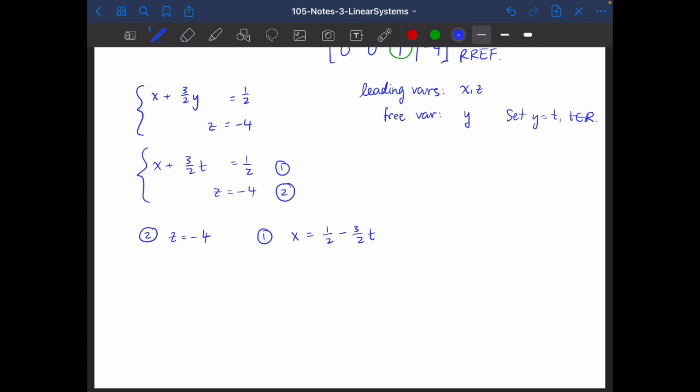Now I can write the solution in parametric form. I have that x is equal to 1/2 minus 3 over 2 t, y is equal to t, and z is equal to minus 4. And I can also write the solution in vector form.